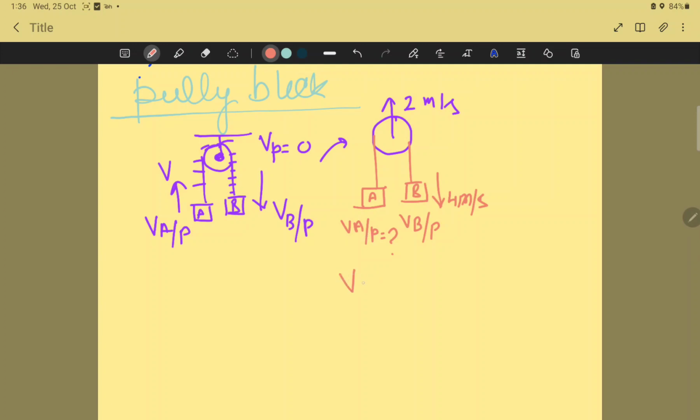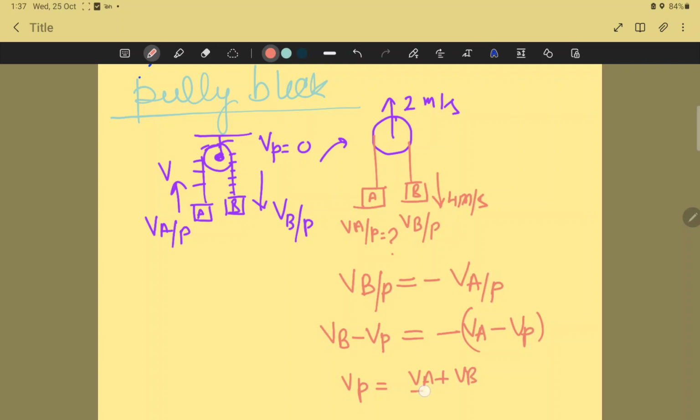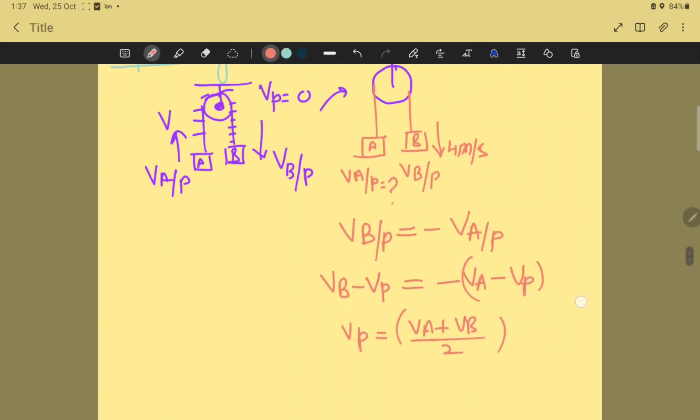Here we can say the velocity of B with respect to pulley should be equal to minus of the velocity of A with respect to pulley. As we know, velocity of B minus velocity of pulley equals minus of velocity of A minus velocity of pulley. Once you arrange all the terms, the velocity of pulley is equal to velocity of A plus velocity of B divided by 2.